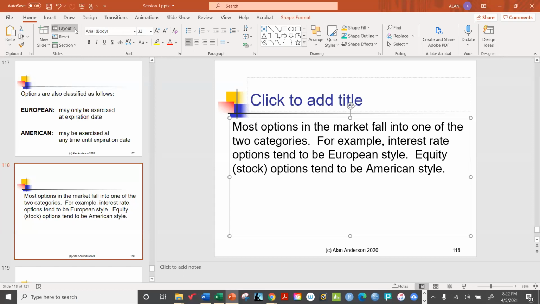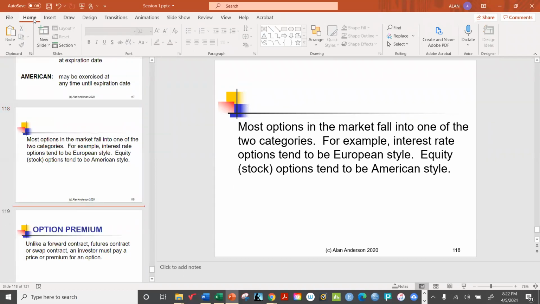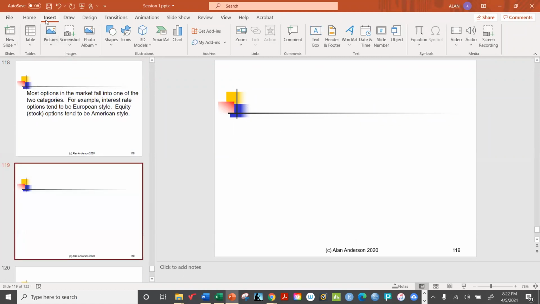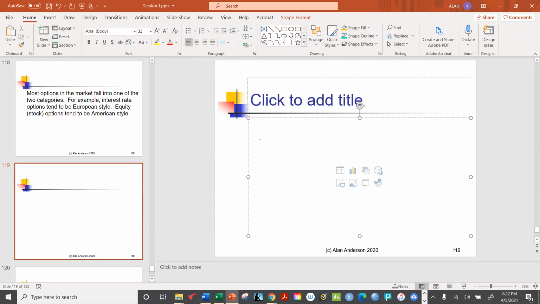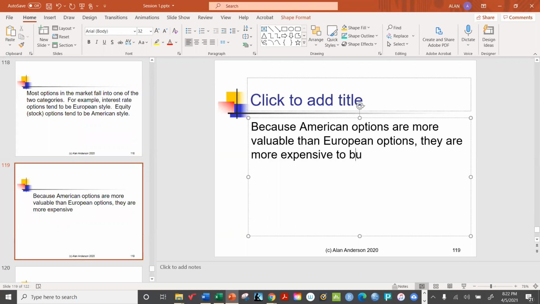And so here's an important detail here. Because American options are more valuable than European options, they are more expensive to buy.